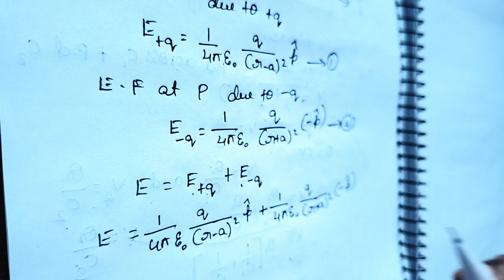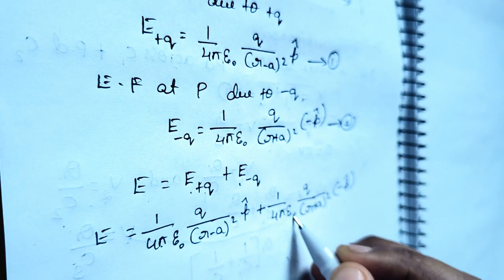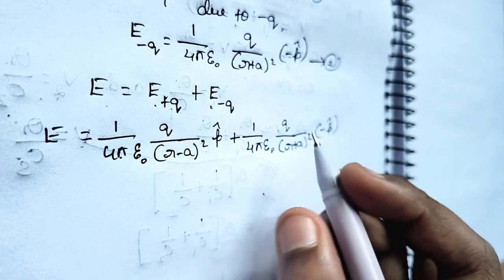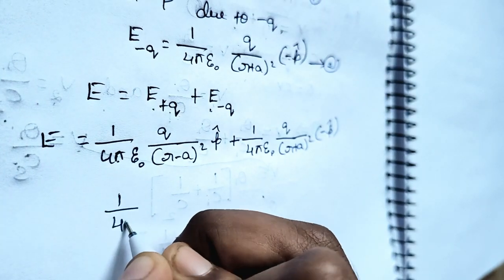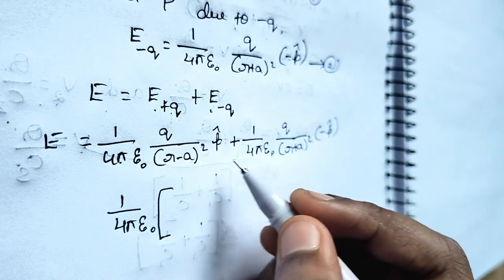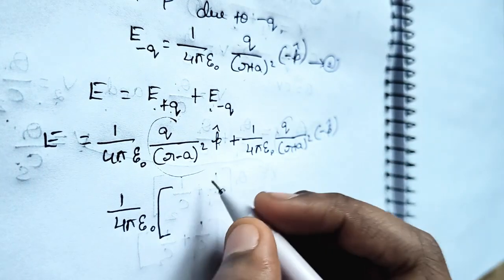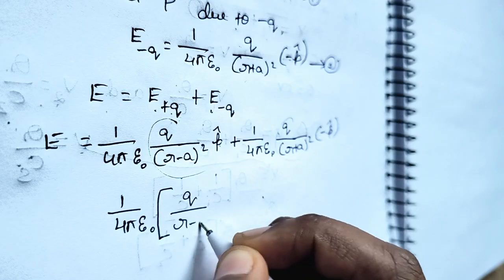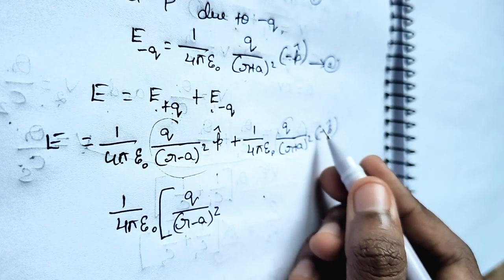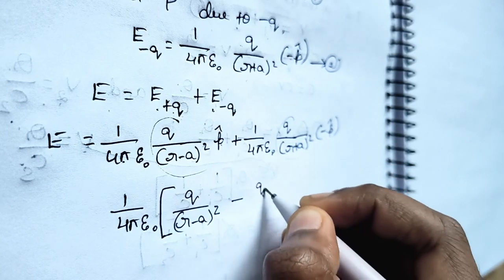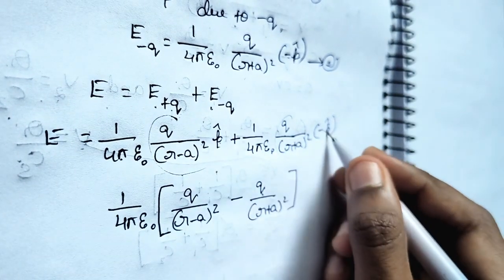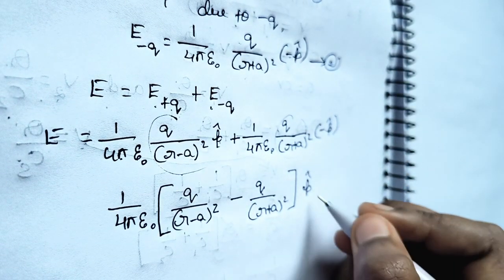Then here 1 by 4 pi epsilon naught is common, so let us take the common outside. So we can write 1 by 4 pi epsilon naught outside into what is remaining: q divided by r minus a whole square. I will take this minus inside, minus q by r plus a whole square, and p cap is also common, so I write p cap here.